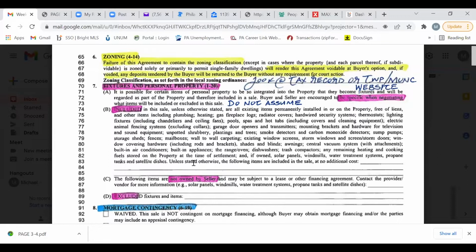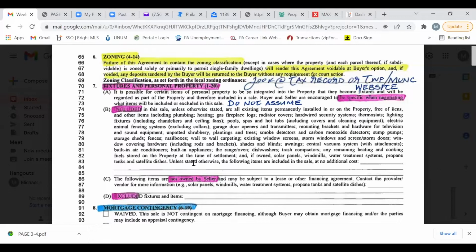Yeah, like a Nest. Yeah, I had that happen. And unfortunately, I was the buyer's agent, and we went in and they had them installed on the front and the back of the house. It was our mistake. We assumed they were part of it because it's technically considered a fixture. But what the seller ended up doing was installing a regular doorbell. I didn't write it on the contract that the Ring doorbell stays.